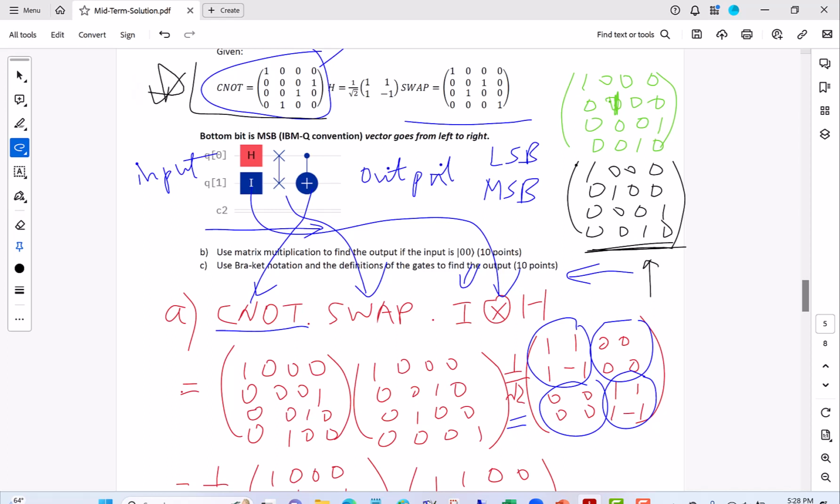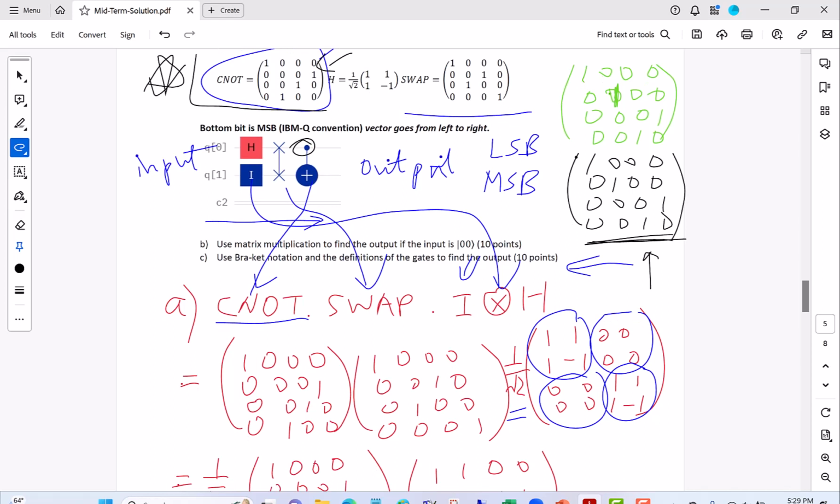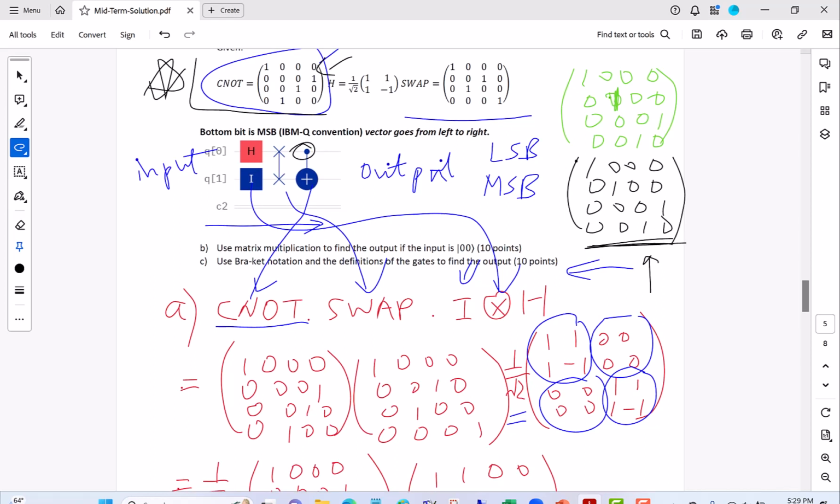Here I gave you the control qubit is the LSB. So in this circuit, because the control qubit is on top, which is LSB, that's why you should use this matrix, right? So remember this. And we actually did that before when we tried to implement the swap gate using C0 gates, remember?